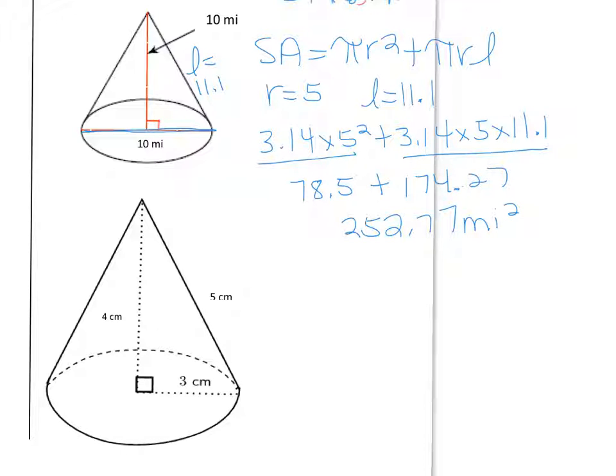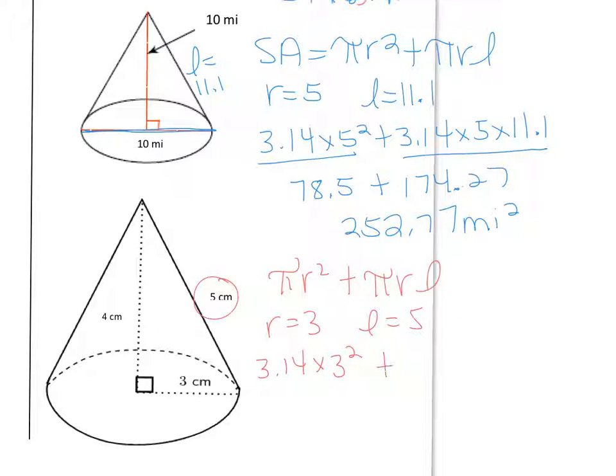And then for the next shape, we're going to use the same formula. This time the radius they give us is 3. The slant height they also give us, which is 5. Remember, the slant height is always on the outside. So now we'll use 3.14 times 3 to the second plus 3.14 times 3 times 5.